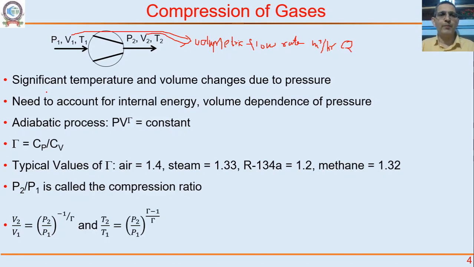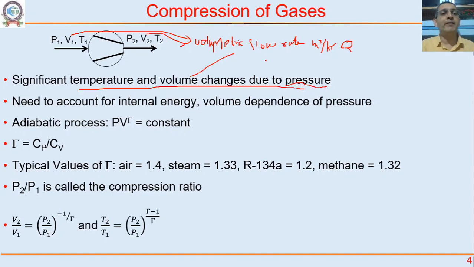The difference between a pump pumping liquid and a compressor compressing a gas is that there is a significant temperature and volumetric flow rate change due to pressure. Whereas in a pump, although pressure changes, the density hardly changes. So volumetric flow rates don't change.